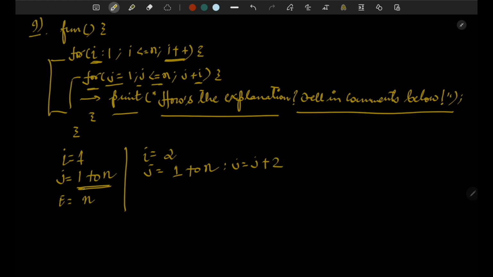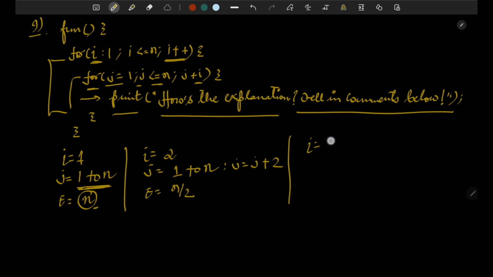So in the earlier case, when it was incrementing by value 1, it would have been executed n times. Now the value is incremented by 2. So it will be running twice as fast. And what it means is that the execution will be halved, right? So if it was earlier n, then this time the execution would be n by 2 times.